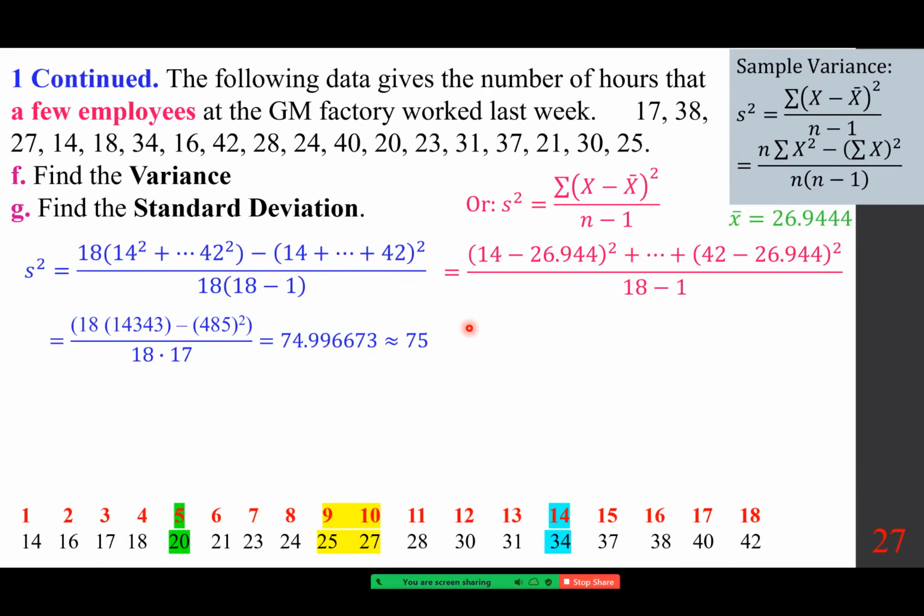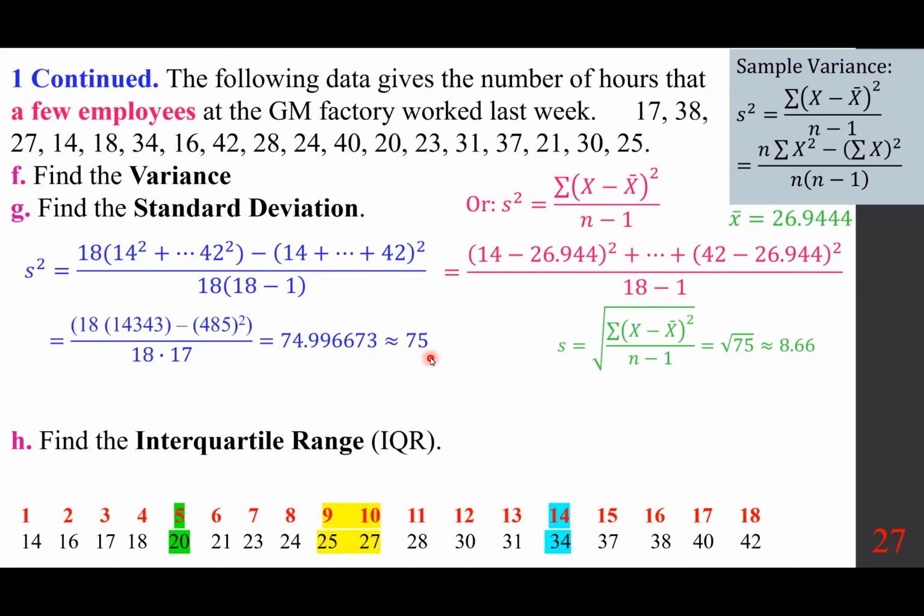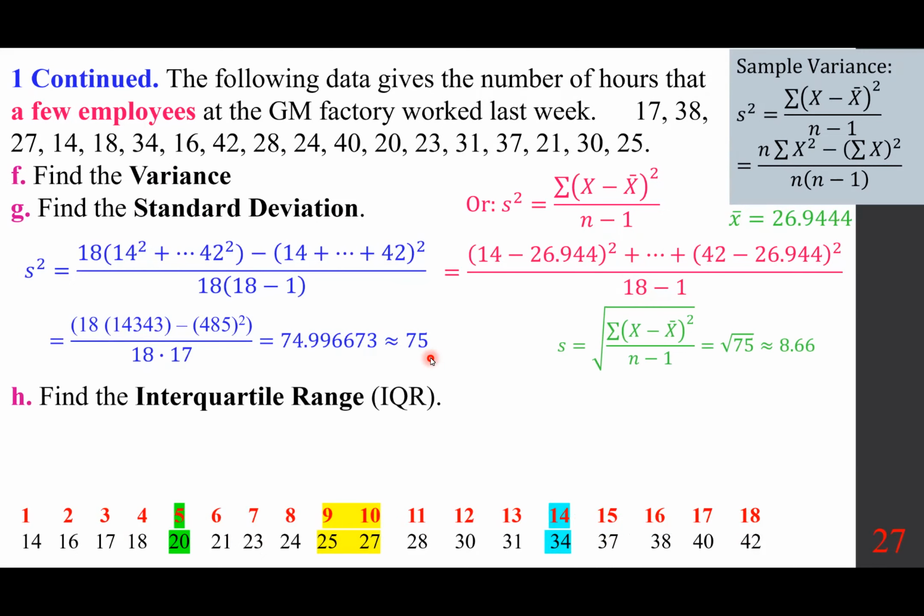That is called the variance. Normally, we are interested in standard deviation, and that would be the square root of this number. We want to find the IQR, the interquartile range.